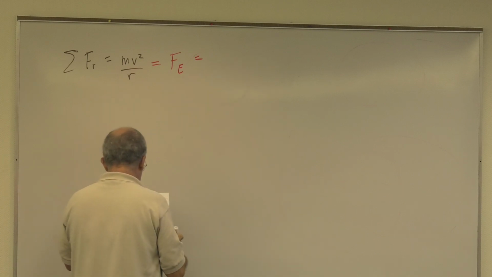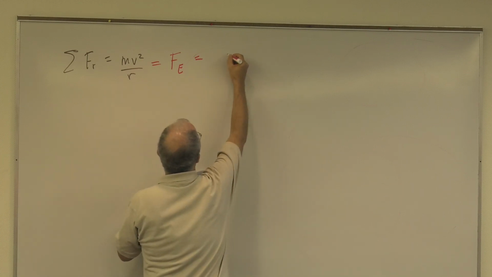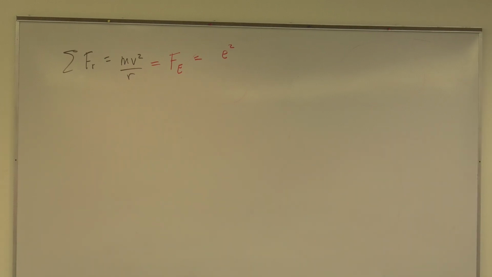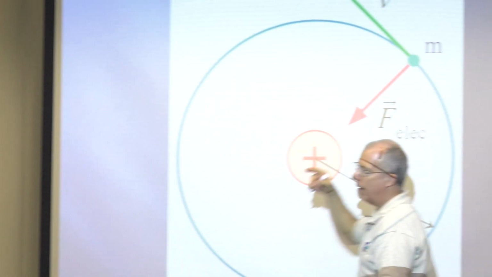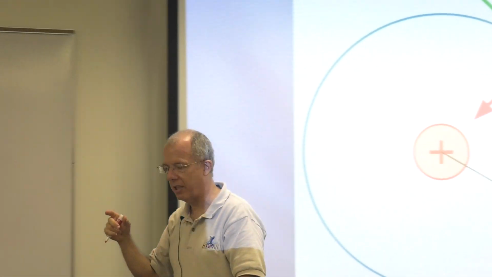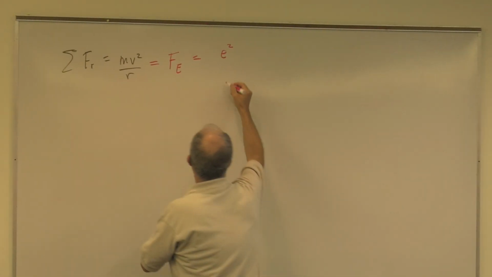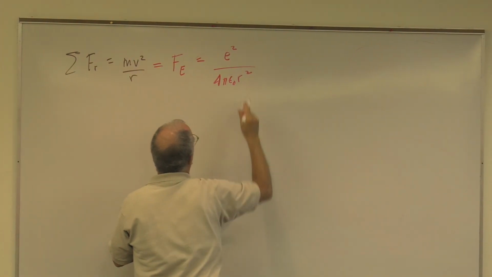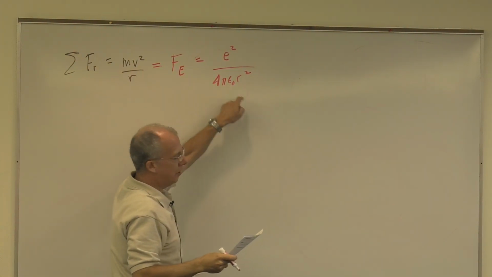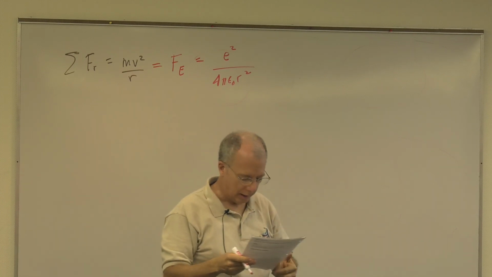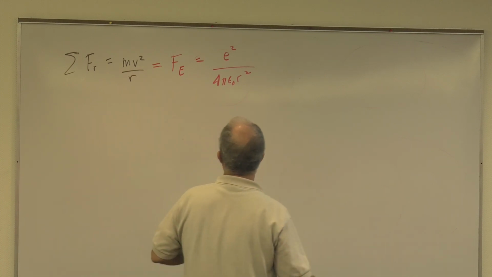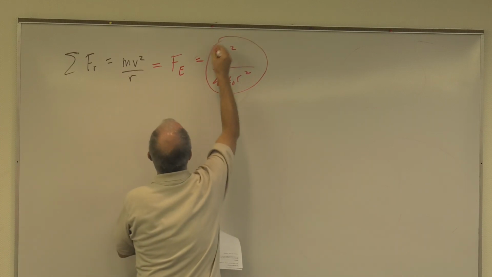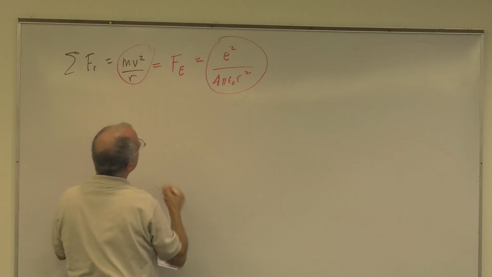We learned in Physics 121 that the electrical force is the charge of this, which is e, times the charge of that, which is e. So e is the charge of the proton, the same as the charge of the electron, over 4 pi epsilon naught r squared. Epsilon naught is just another constant you see a lot in electricity. Great, so we can set this equal to mv squared over r.